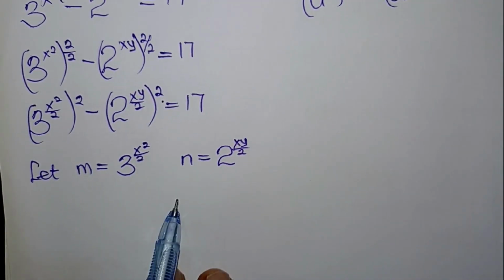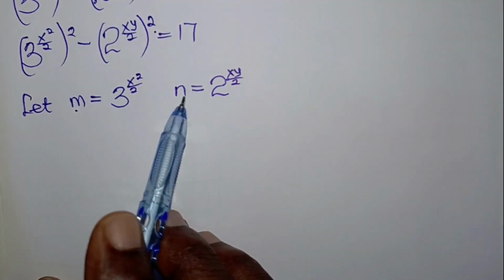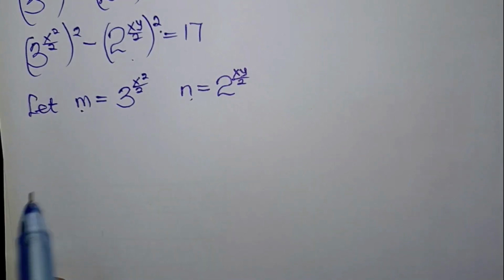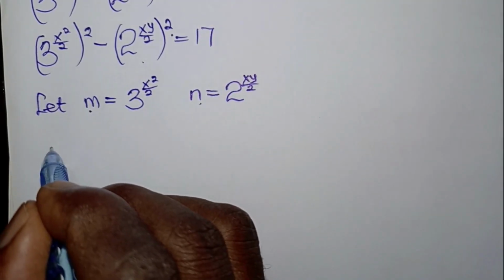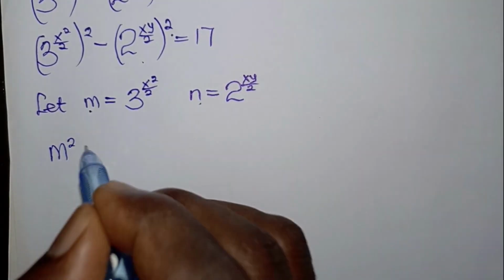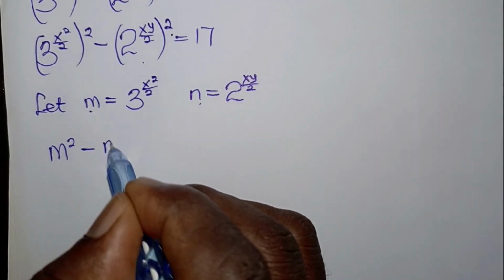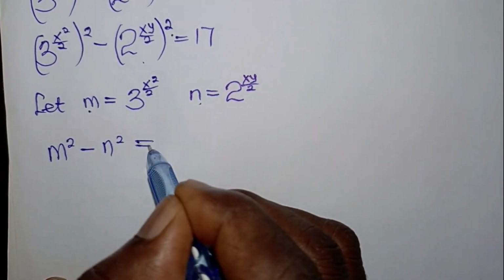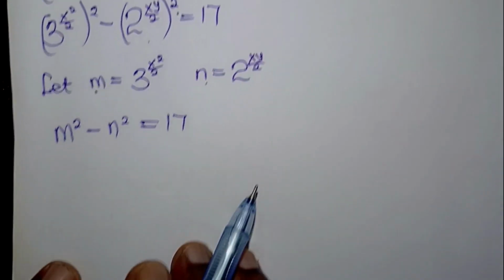So let's replace the m and n in the equation. Then we now have m squared minus n squared equals 17.